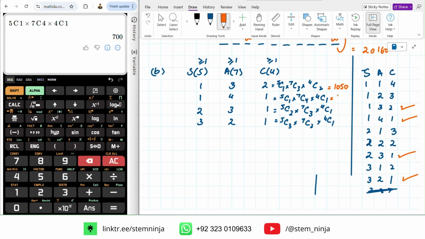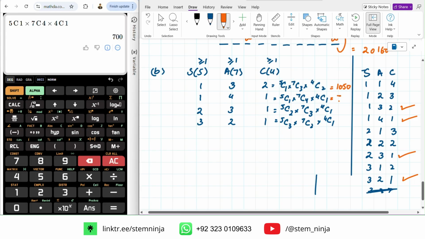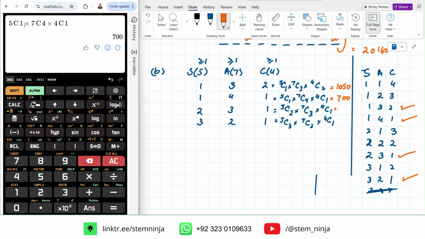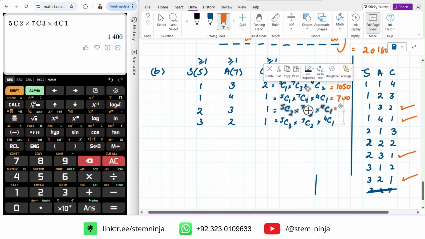This is 700. Then we have 5C2, 7C3, 4C1, 1400.